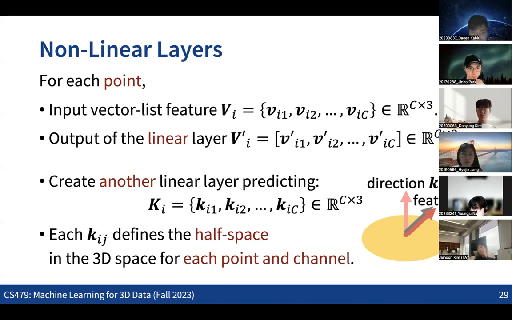So in three-dimensional space, any vector will define a plane and also a half space, right? So now we are treating the output of another linear layer as normal vectors for the half space. In this way, we are also learning the half space for each of the points and the channel, also in a rotation equivariant way. So that's the key idea, right? Does it make sense?